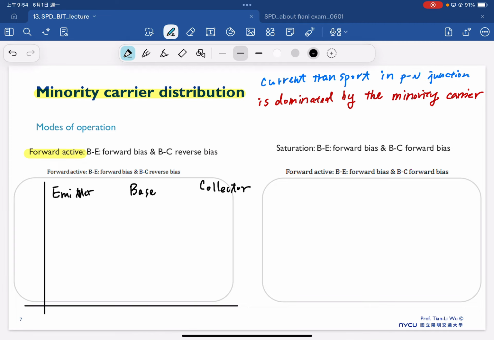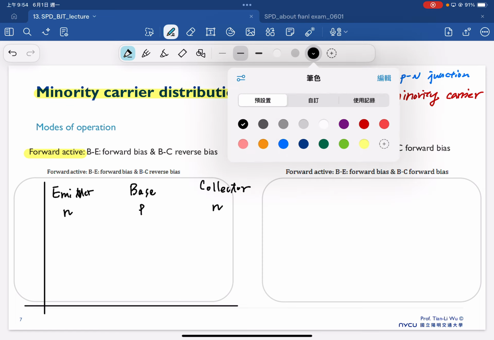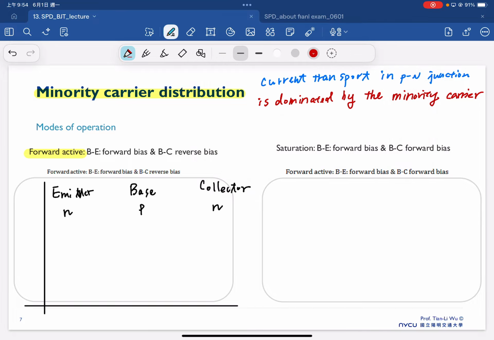We always use NPN as the example for illustration because it is easier to understand. As already shown, we design the emitter as N++, the base as P+, and the collector as a regular N.